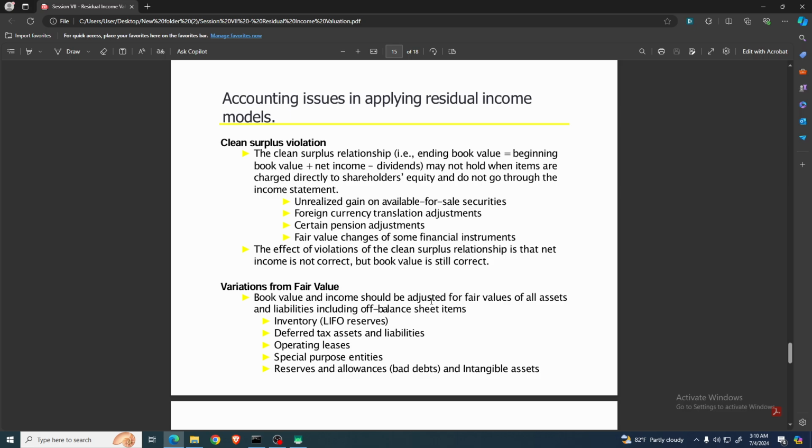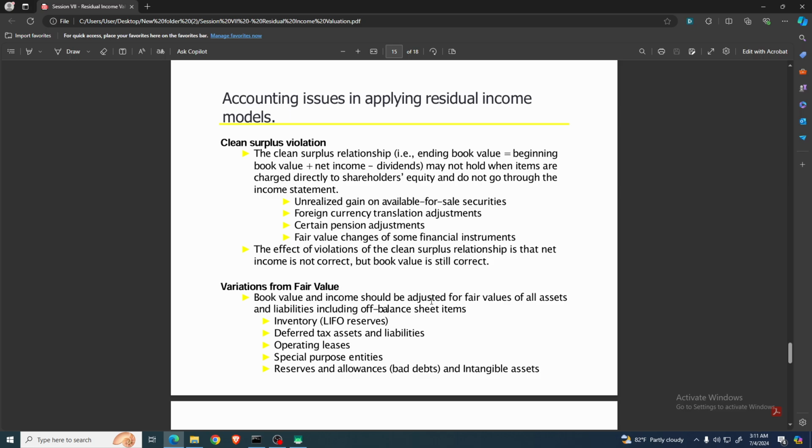And then we have deferred tax assets and liabilities. These need to be properly accounted for to reflect their impact on future earnings. Then you come into operating leases. These should be treated as capital leases for a true representation of the liabilities. And then we have the special purpose entities. These are to be consolidated to reflect all assets and liabilities. And then you finally have reserves and allowances.